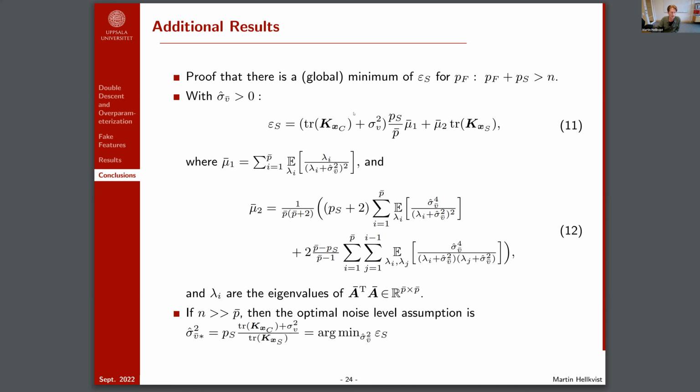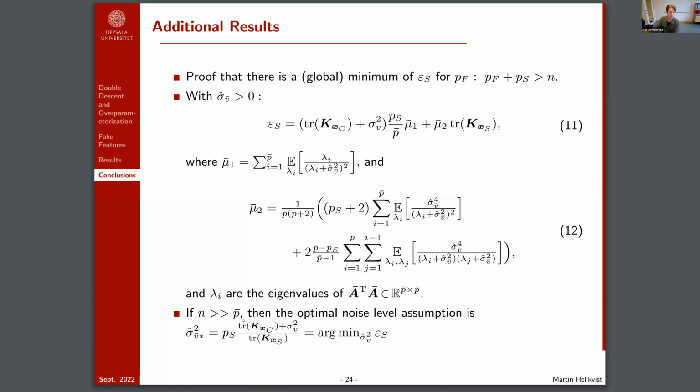And we also investigate the analytical expressions with the non-zero sigma hat assumption, which takes on this form. And you see that we can give it up to the expectation over the eigenvalues of the regressor matrices or the feature matrices.